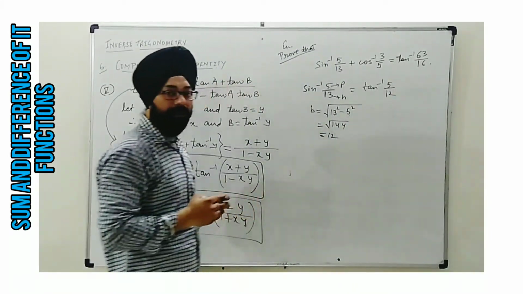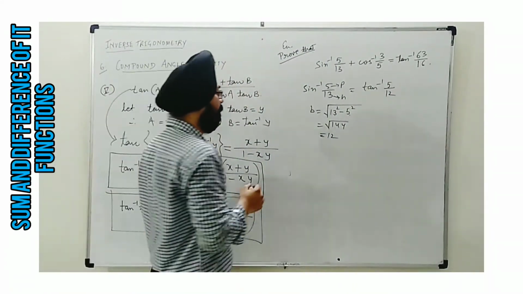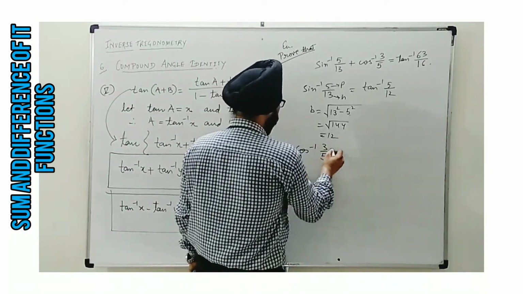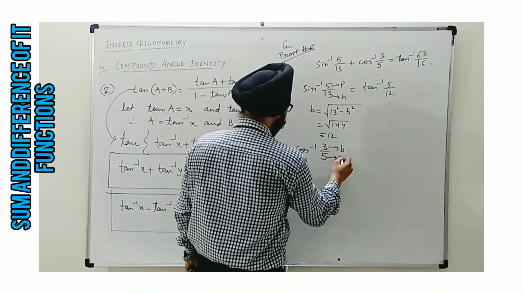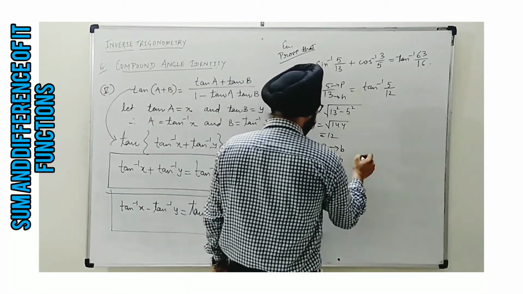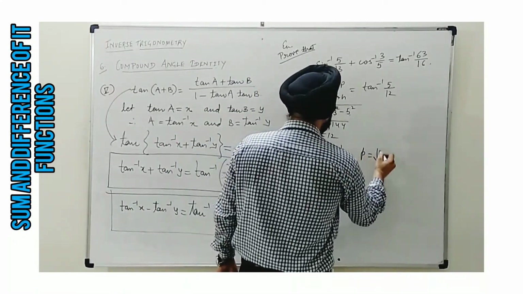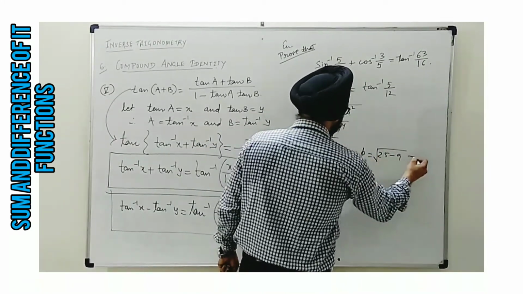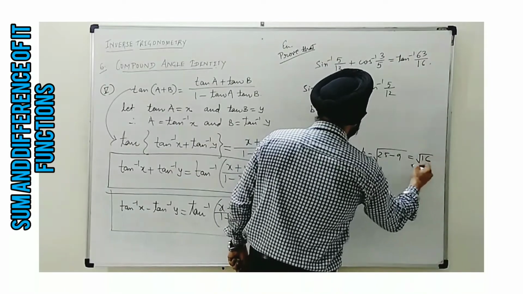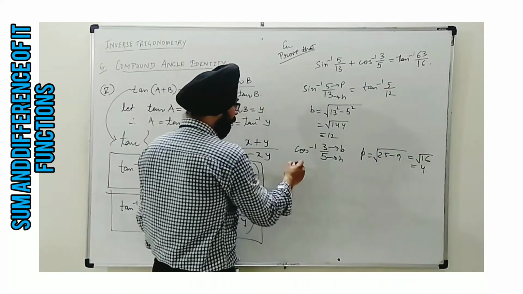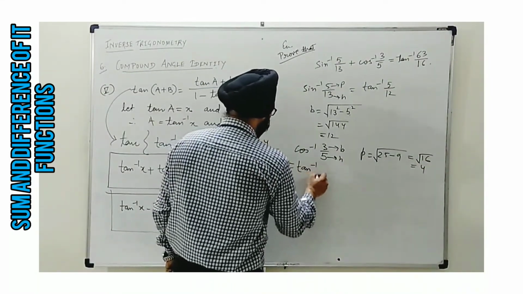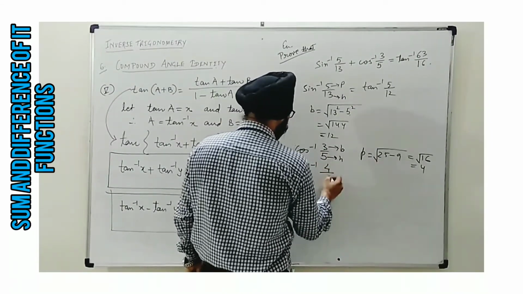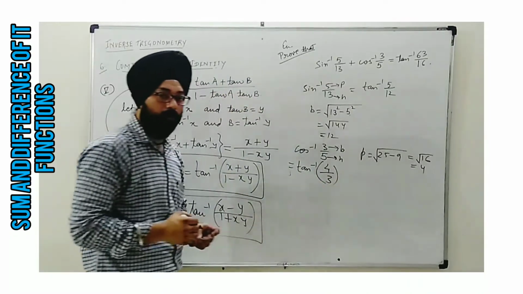This is the first term we have obtained. And the second term, cos inverse 3 upon 5. By formula, this is b base, h hypotenuse. So by Pythagoras theorem, the perpendicular in this condition will be the square root of h square, hypotenuse square 25, minus base square 9, which is 16. So under root 16 gives you 4. So in tan inverse form it can be written as perpendicular upon base, as we have obtained 4 as perpendicular, base is 3. So this is equal to 4 by 3.